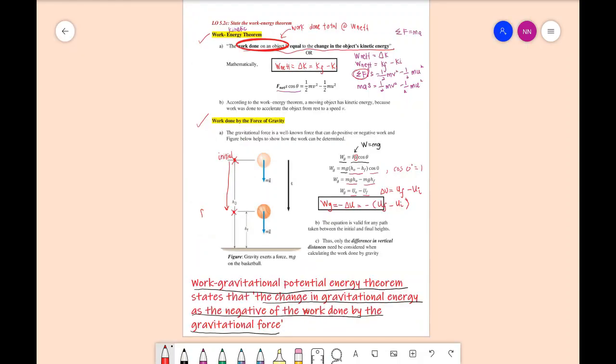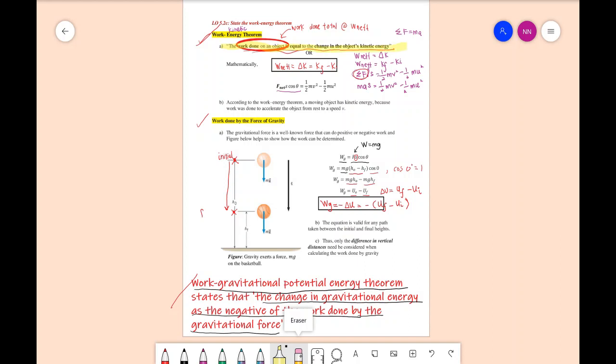What is the difference between work kinetic energy theorem and work gravitational potential energy theorem? For work kinetic energy theorem, it states that the work done on an object is equal to the change in the object's kinetic energy.